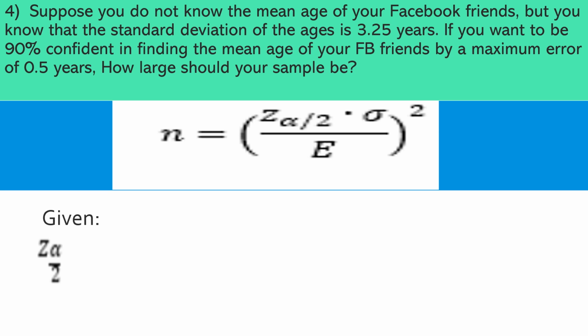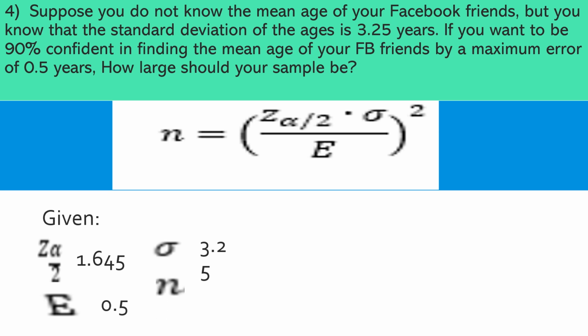So since the desired confidence level is 90%, the corresponding value is 1.645, and the sigma is equal to 3.25 years, and then the e is equal to what? The e maximum error of 0.5 years.